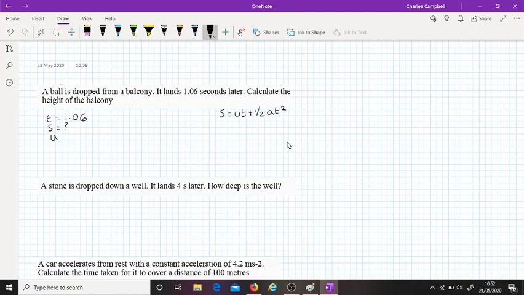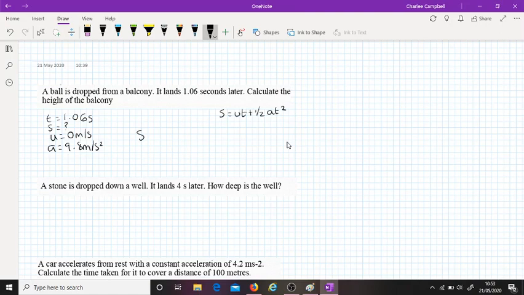So we can say that u is 0 meters per second, don't forget our units. t we've got. a, what's the acceleration? It's being dropped, so it's subject to free fall, therefore acceleration is acceleration due to gravity, so it's 9.8 meters per second squared. Now we have all the information we need to use this equation to work out s.